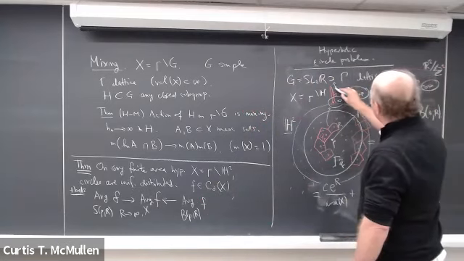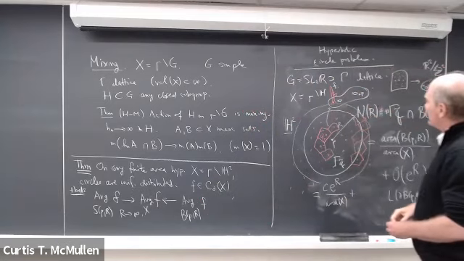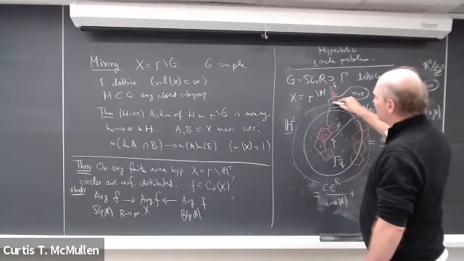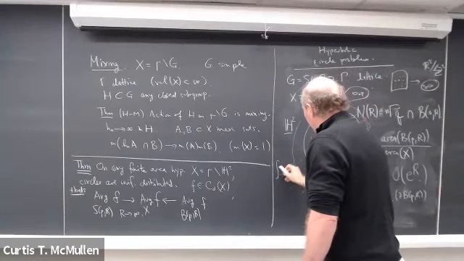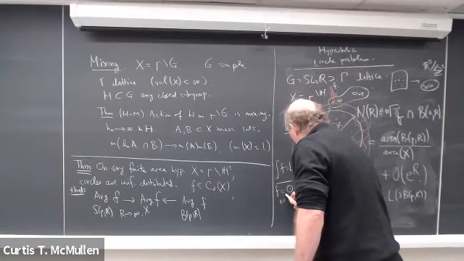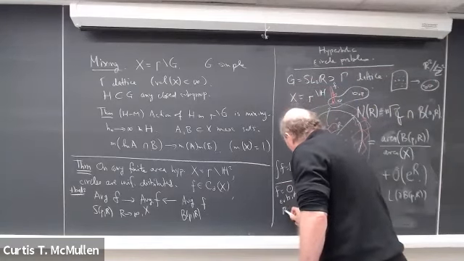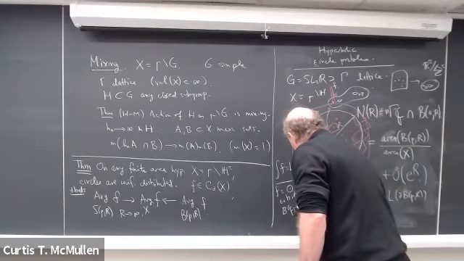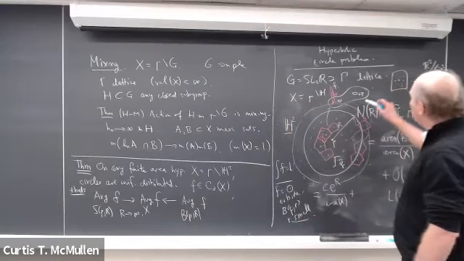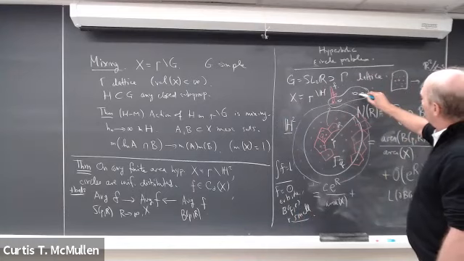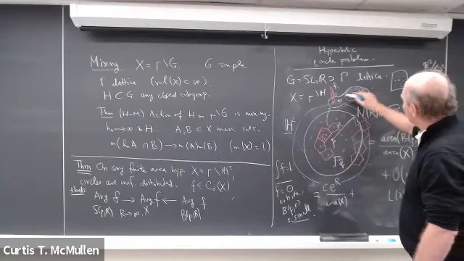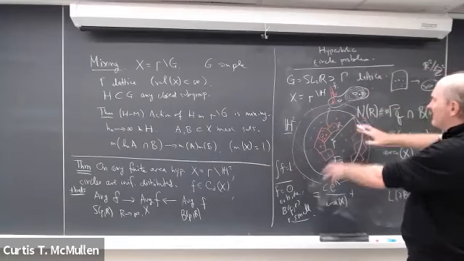So I choose a function f such that the integral of f is 1, and f is supported very close to Q. Okay, so the integral of f is 1, and f equals 0 outside a small ball around Q of radius little r. And now I apply this theorem to the ball around P. So I start enlarging the ball around P, and it starts to go over the surface many times.